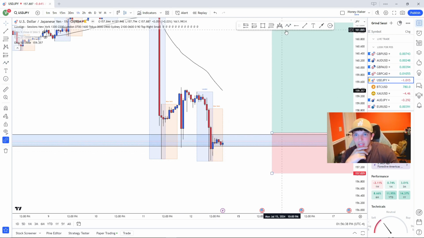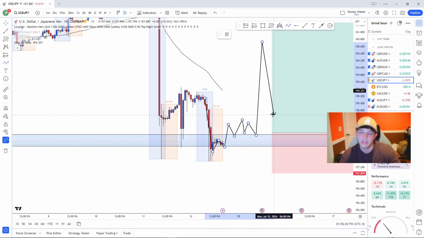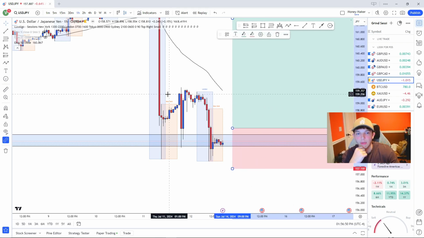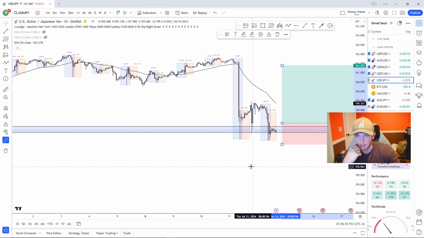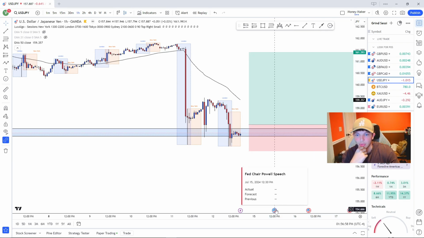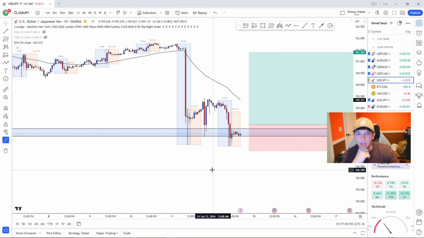If it just sticks around here a little bit, doesn't really do much, and then just decides to go up, then I'm probably not going to be in the trade. I want to have confluence from my technical analysis as well. But I do think the USDJPY is going to get a lot stronger, in my opinion, simply because of the interest rate decision, if Powell does speak about it in favor of the US dollar.